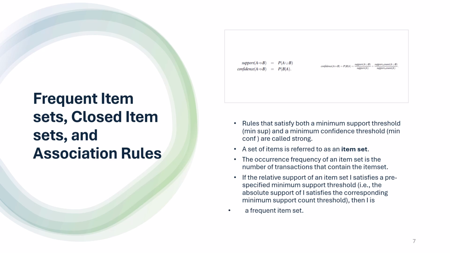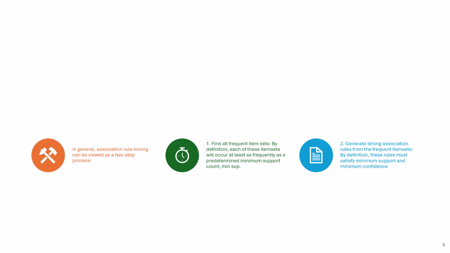If the relative support of an item set I satisfies a pre-specified minimum support threshold, that is, the absolute support of I satisfies a corresponding minimum support count threshold, then I is a frequent item set. In general, association rule mining can be viewed as a two-step process.